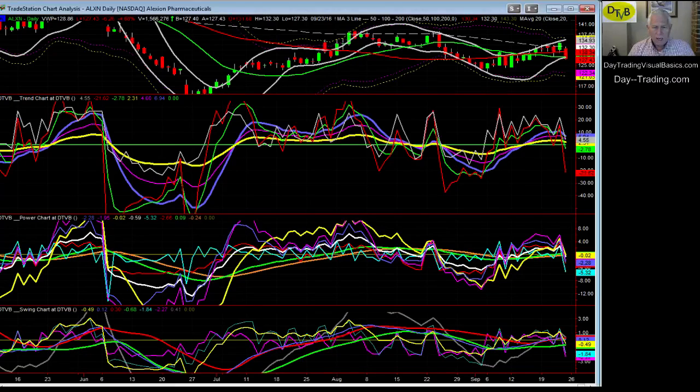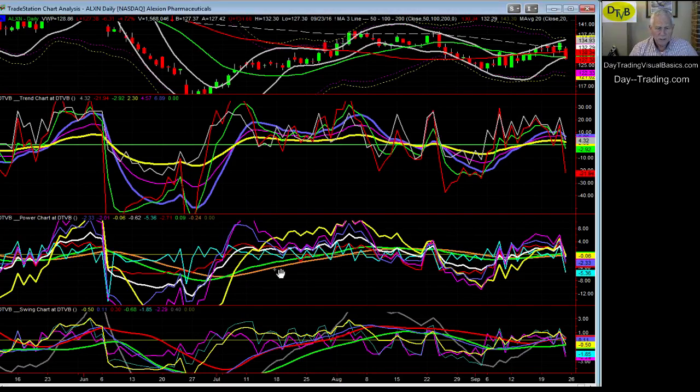But I want to, in this chart, I have the trend, the power, and the swing. The trend is on top, trend chart, and it's real obvious to see the blue, pink, and yellow lines cycling lower and higher as a stock moves up and down.